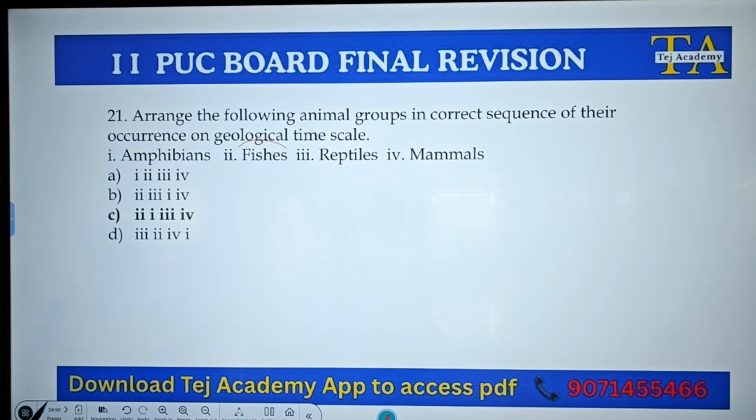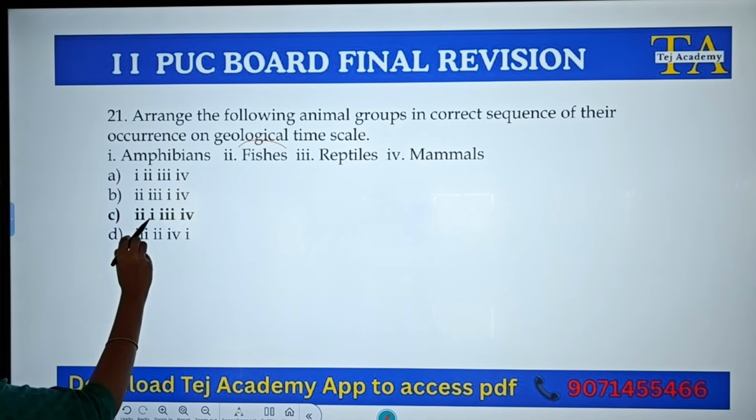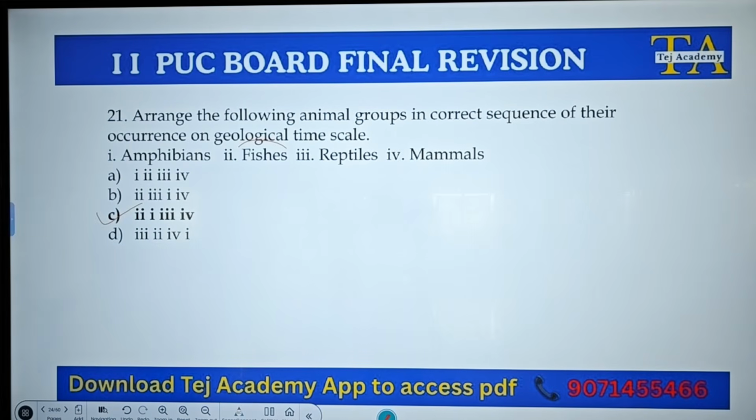So in the case of option C, first fish, second amphibians, third reptiles and fourth mammals. So the right answer is C.